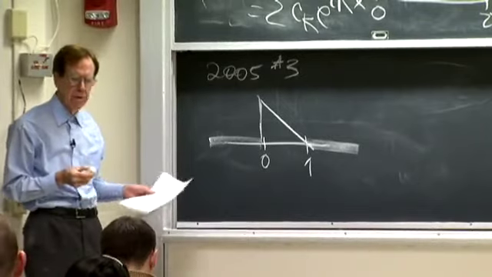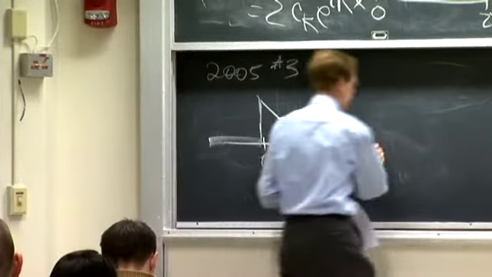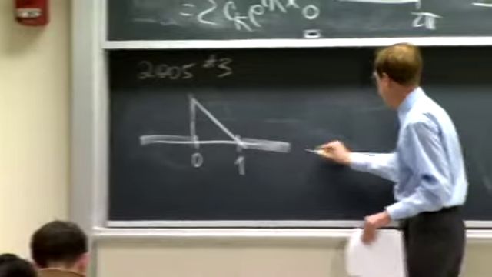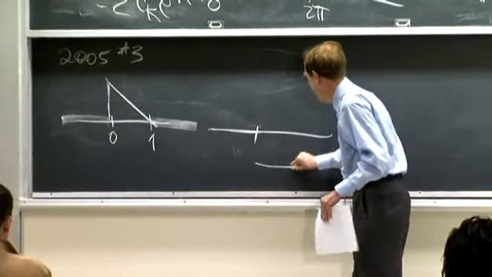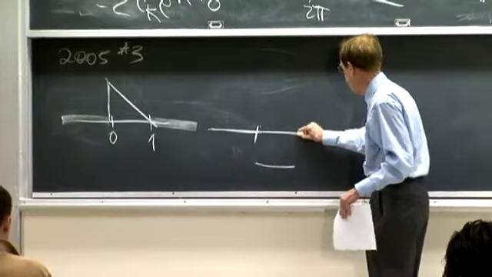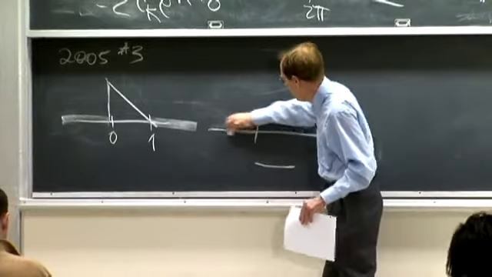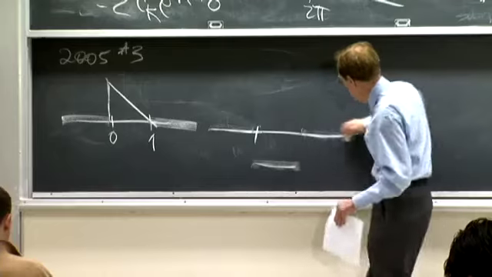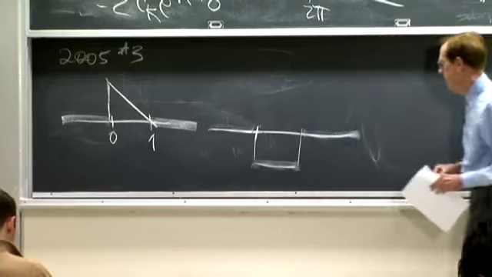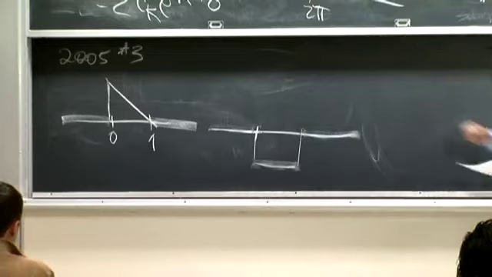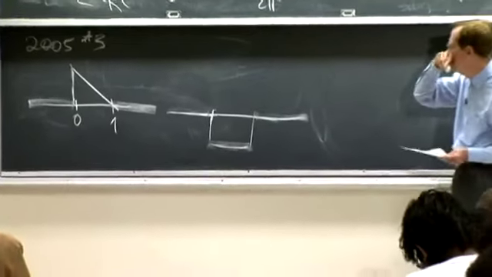Okay, let's graph the derivative of that function. The derivative is certainly 0 along there. Then the derivative is minus 1 here, and then the derivative is 0. Is that right?